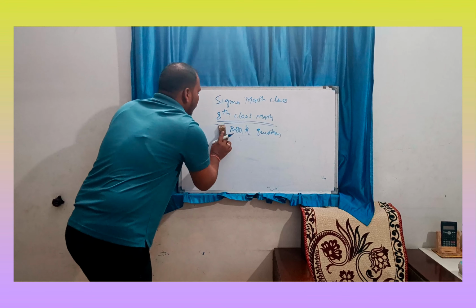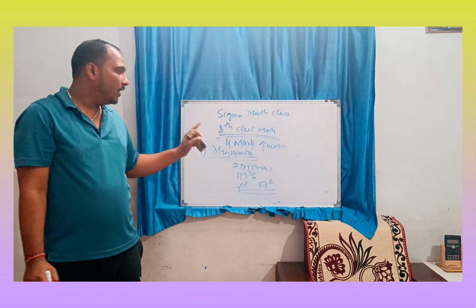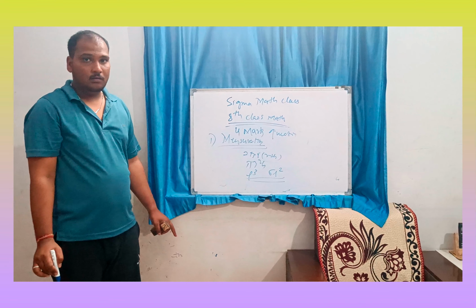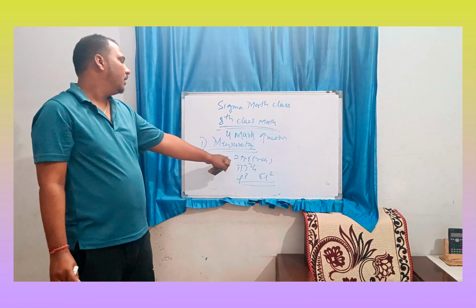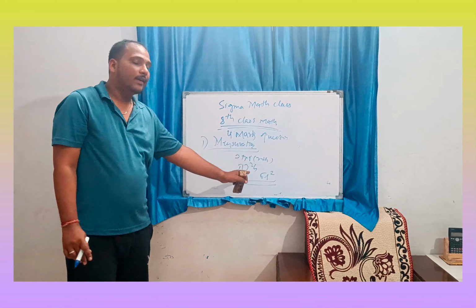Formulas: 2 pi r (r plus h), pi r squared h, and for a cube 6 l squared. Based on these, one mensuration question is asked for 4 marks. Practice it. The mensuration chapter is most important, asked for 4 marks as well as in multiple choice.